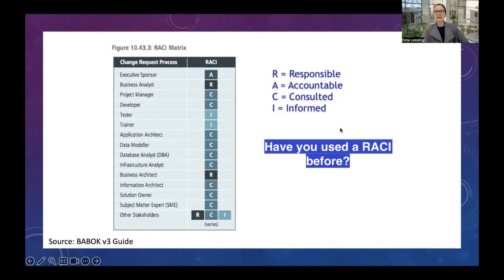Now, as you can imagine, with the RACI Matrix, you can apply this coming from different perspectives. So as a business analyst, when you come from the perspective of refining requirements, eliciting requirements, getting requirements reviewed and approved, you can create your own RACI Matrix from that particular perspective. And then you can determine, who's responsible to be part of all the elicitation workshops?